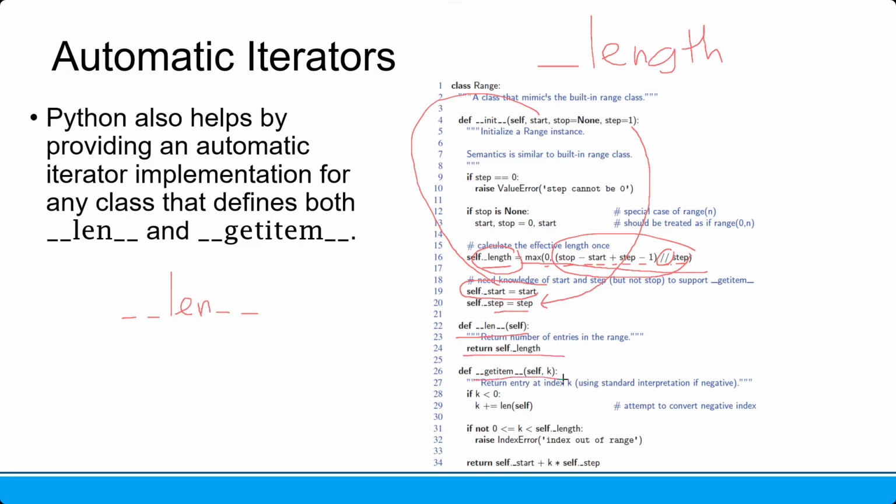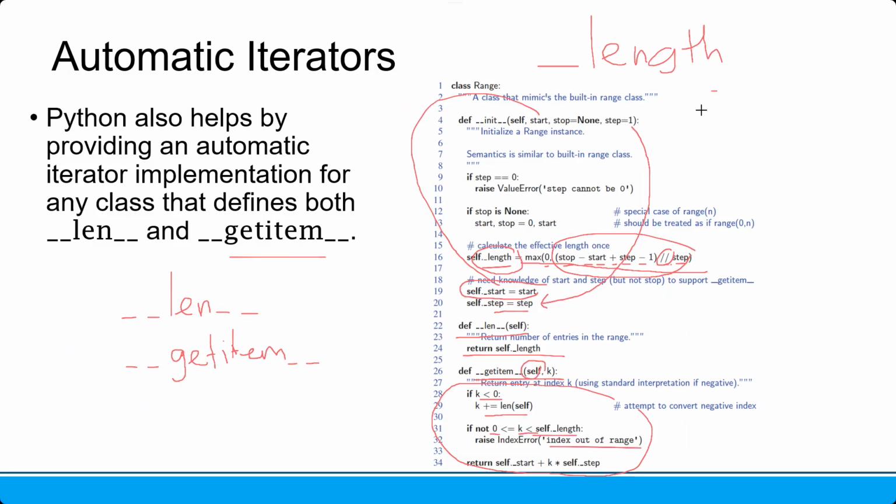And then get item. This is also another data structure that we will take a look at. There will be a lot of get item to get the item of a particular class. So you can see if k is less than 0, then you add the length of the sub. If k is not in between 0 and the length, then it is an index out of range.